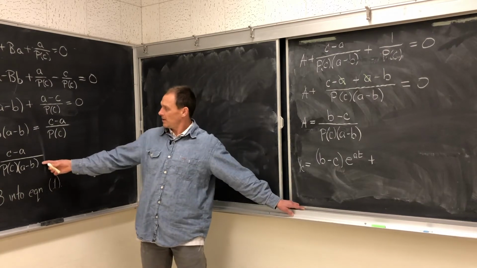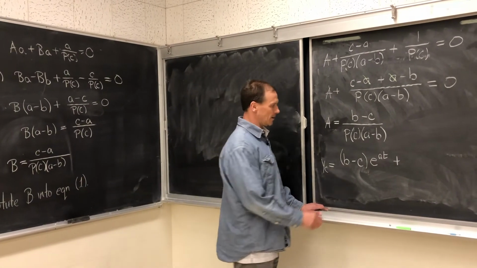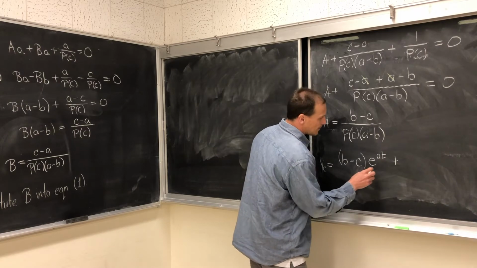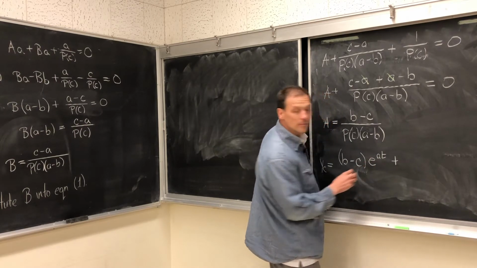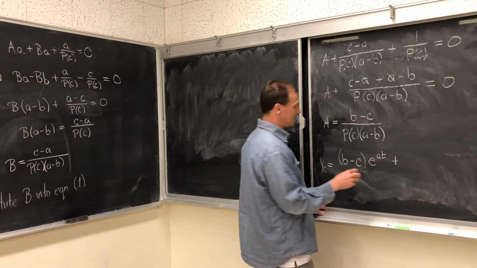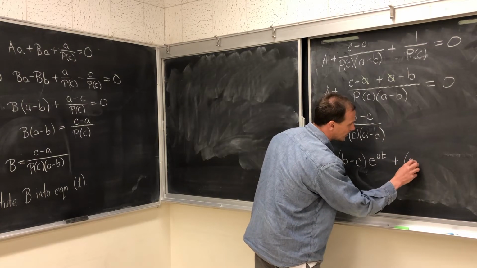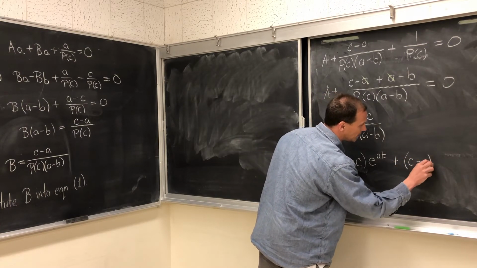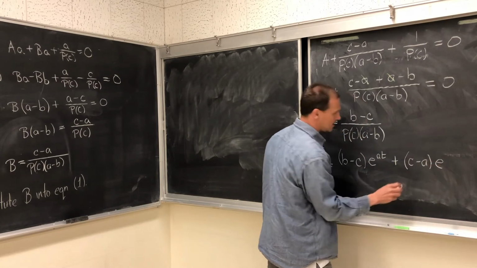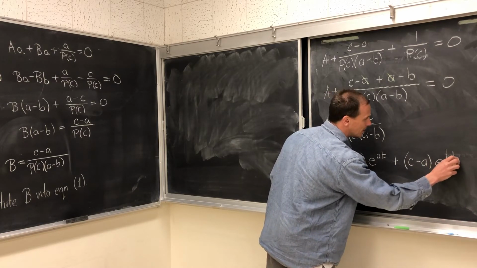Notice that this has the same common denominator, so plus b, which is c minus a, times e to the bt.